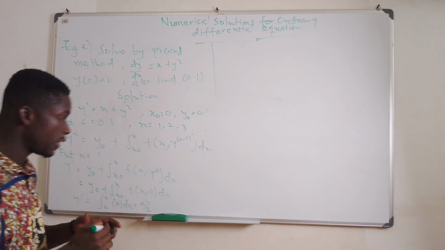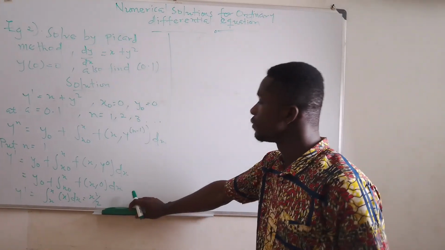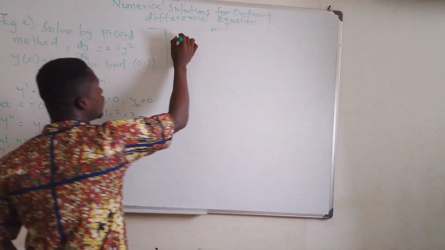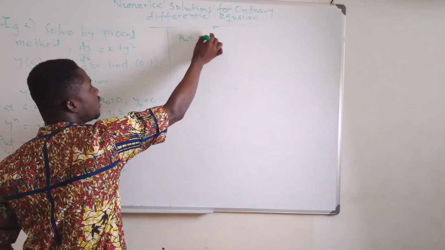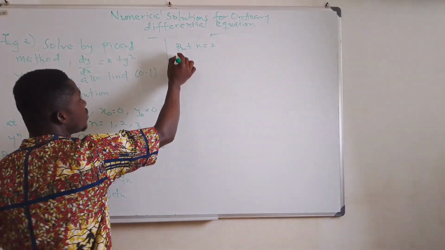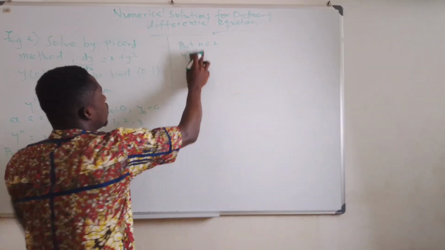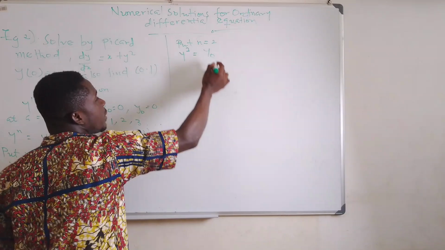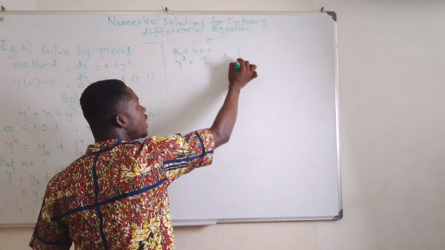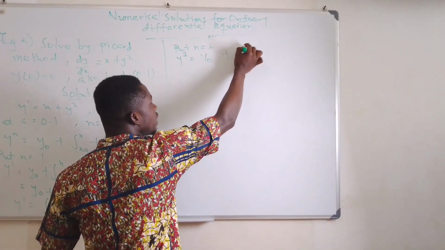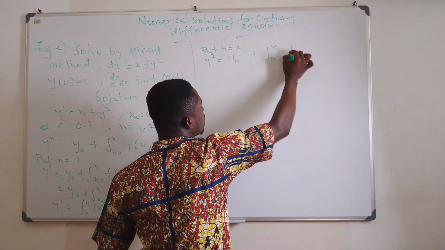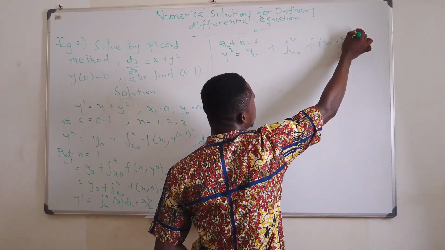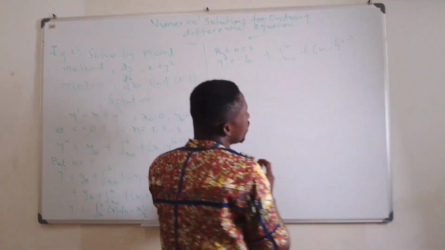Now, let's proceed to y2. We have to put n equals 2. So if n equals 2, y2 equals y naught plus the integral from x naught to x of the function f of x comma y of 2 minus 1, and we know 2 minus 1 is 1.